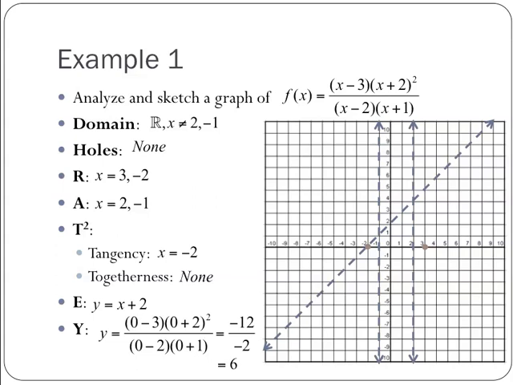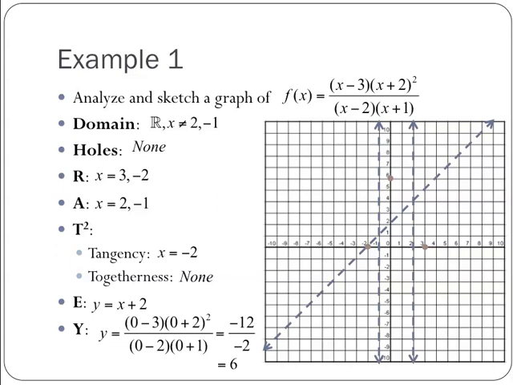Okay, so we also know that the y-intercept is at 6. So we'll put that in as well. Now notice here that in this middle portion where the y-intercept is at 6, we can fill that in.